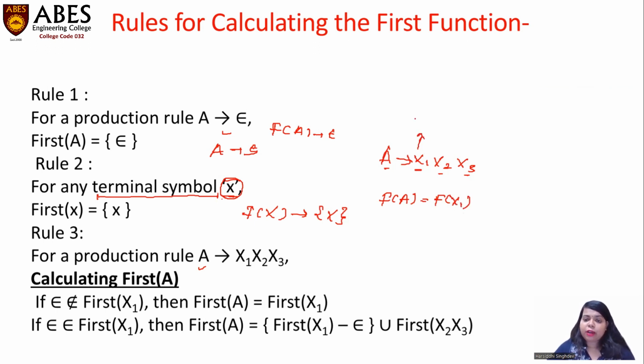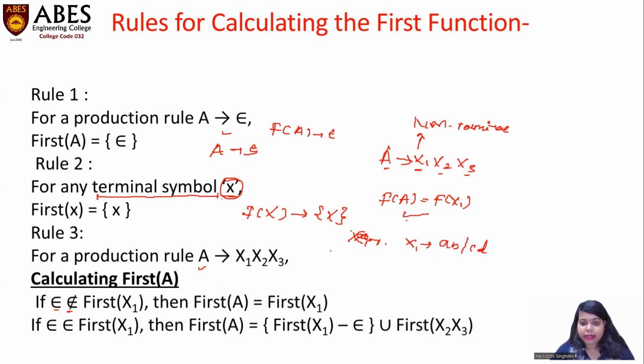But here x1 is a non-terminal symbol, which has the ability in future to produce any different production. So we have to see whether x1 produces only a set of terminals or whether it contains epsilon. These are the two cases. If epsilon is not contained in x1, like x1 has productions like AB and CD with no epsilon, then first of A will be first of x1. This case is valid.